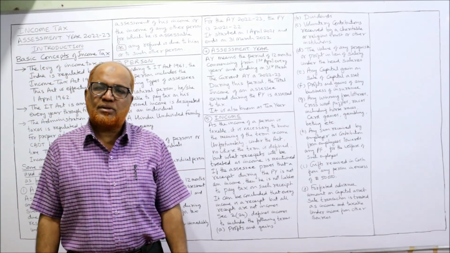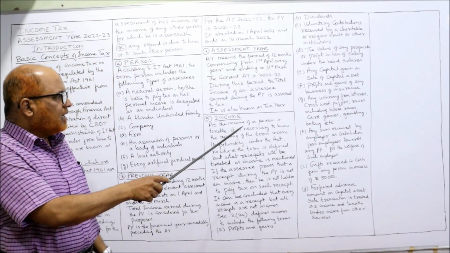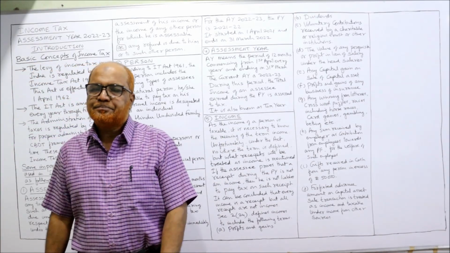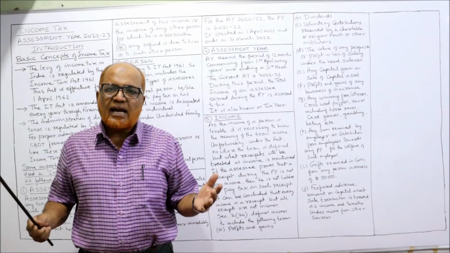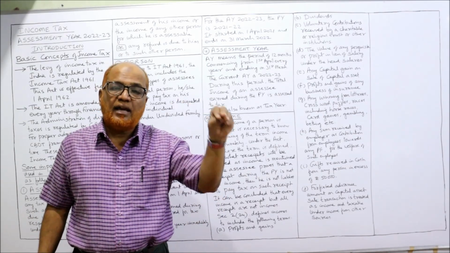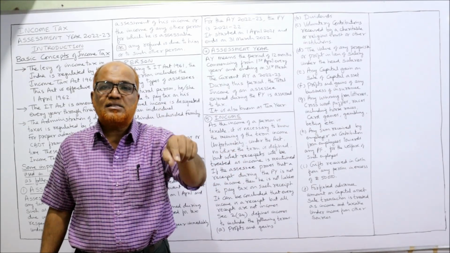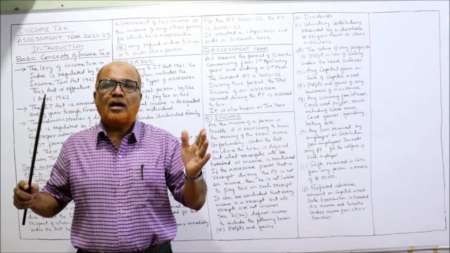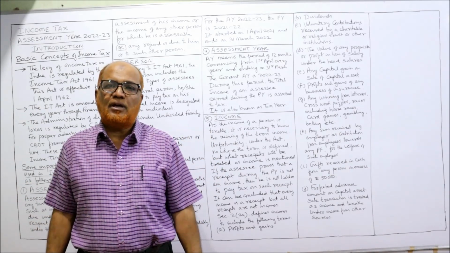Next comes income. Very important concept. As the income of a person is taxable, it is necessary to know the meaning of the term income. Without understanding the meaning of the term income, how can we calculate the income tax? Income tax is a tax on income. So there should be some clarity regarding the meaning of the term income.